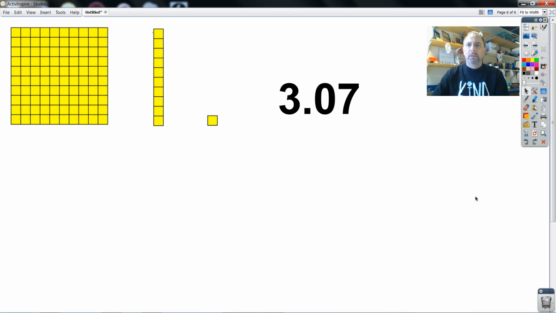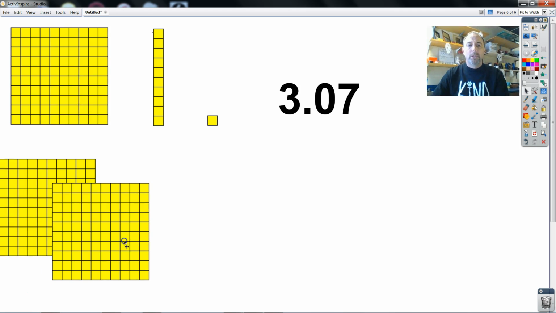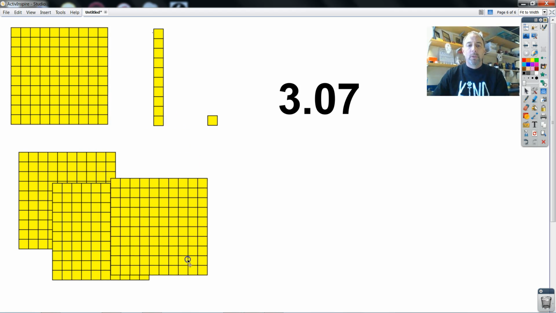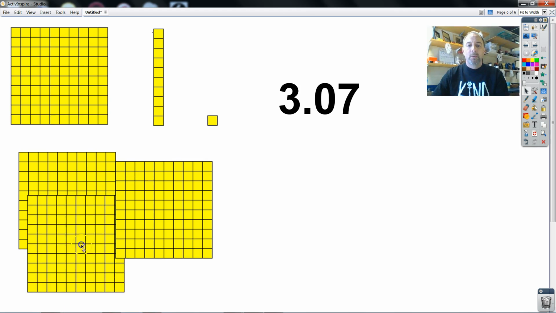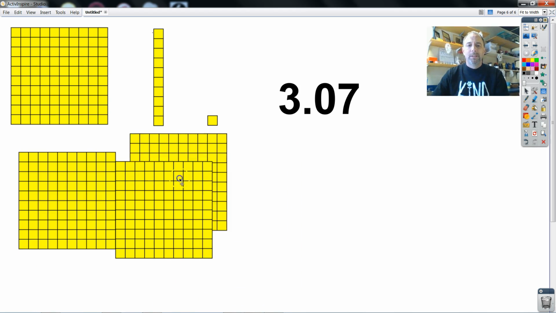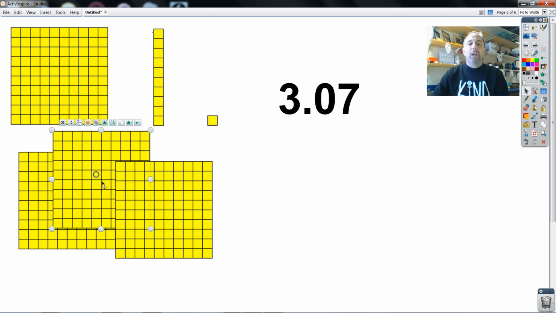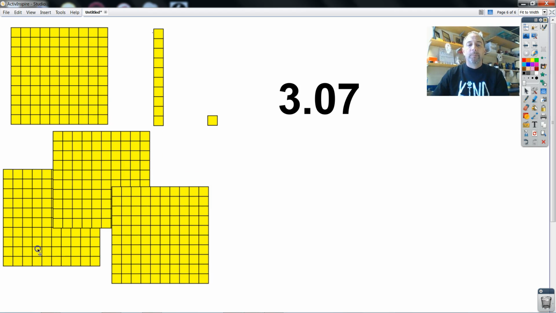Uh-oh. This one's going to get tricky on me. So I got 1, 2, 3. Quit it. All right, I just got to stack it. It's going to look ugly. 3. There we go. Wholes.